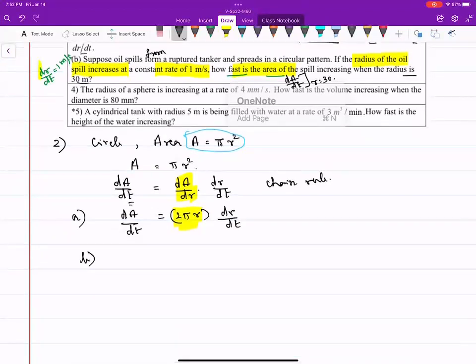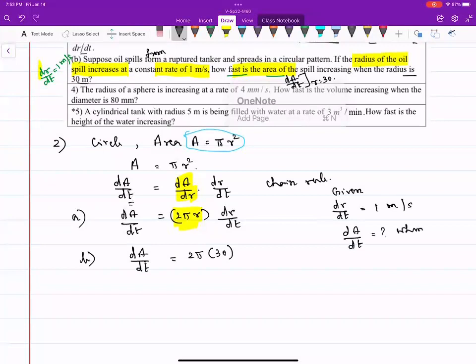So let's take this relation and substitute whatever we know. We have to find out dA by dt. Then you are given 2 pi, radius is 30 meters, and dr by dt is given to be 1 meter per second. We want to find dA by dt when r is 30 meters.